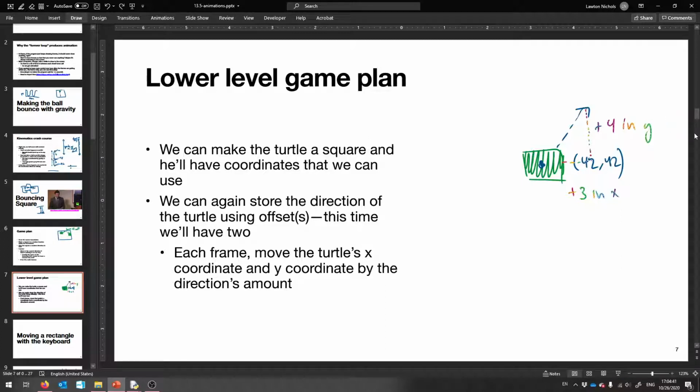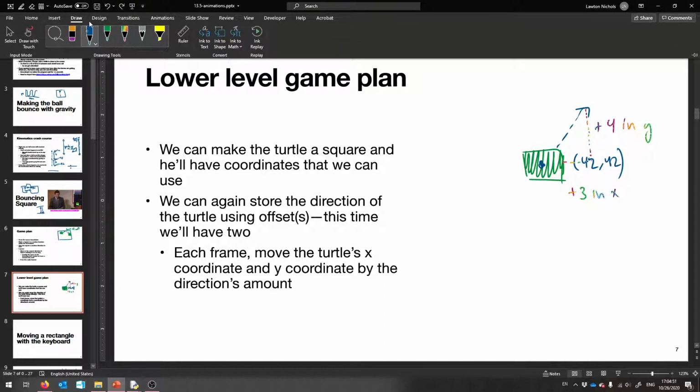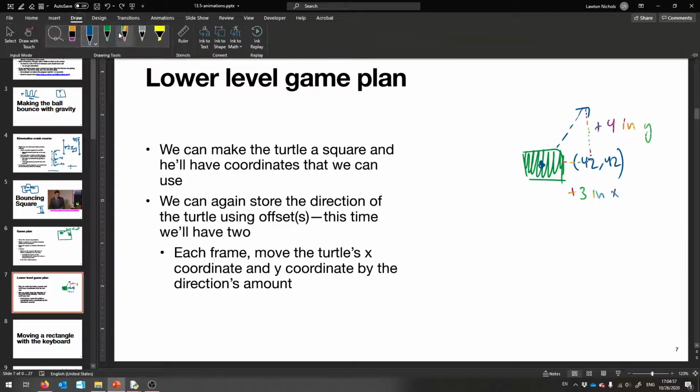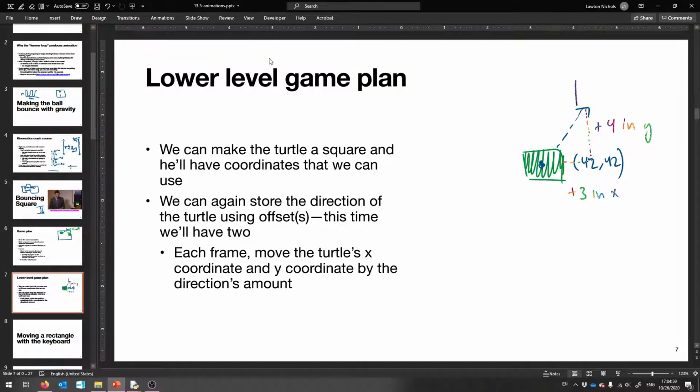So with that, the next frame, if we just add 3 to the X and add 4 to the Y, the turtle is going to move sideways. That'll allow the turtle to move in any direction. You can represent it using these offsets. Because then the turtle will end up over here. I'll draw him in blue, or maybe rainbow is a good idea still. So then the turtle will be over here because the offset was 3, 4. Boop. Now the turtle's here.